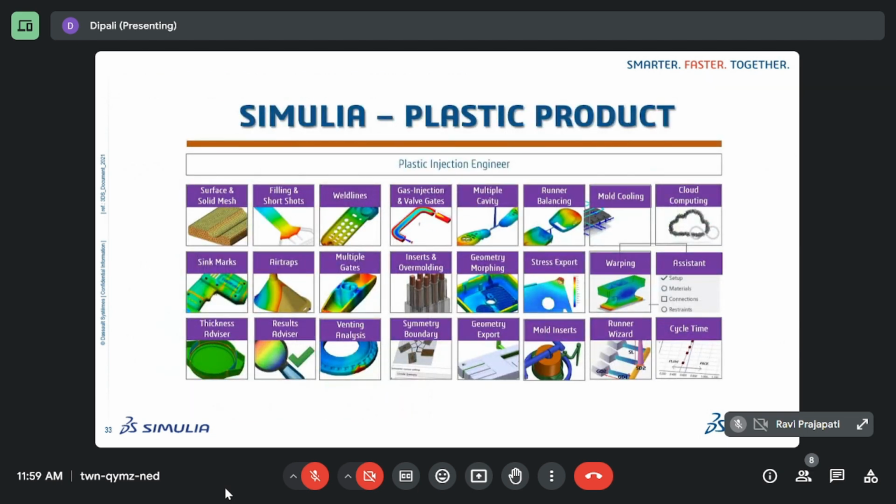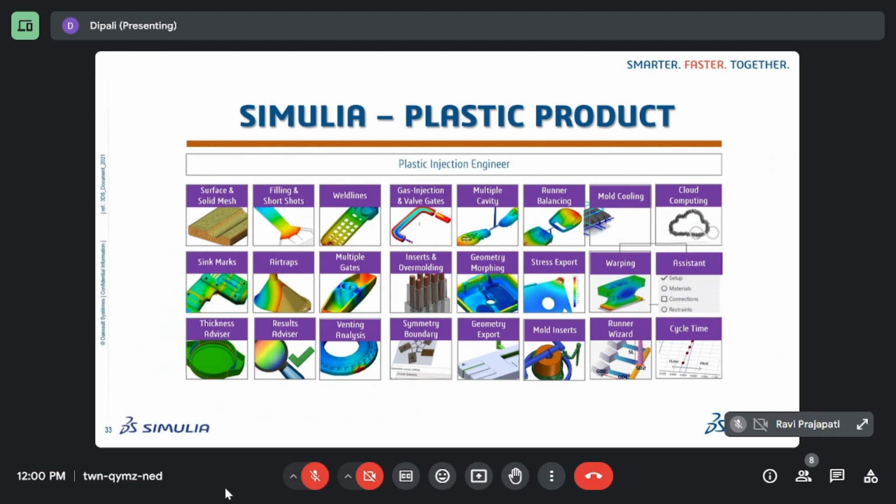So we have the plastic injection engineer role, which helps us to provide various kinds of plastic simulation, which is used in the injection molding process.